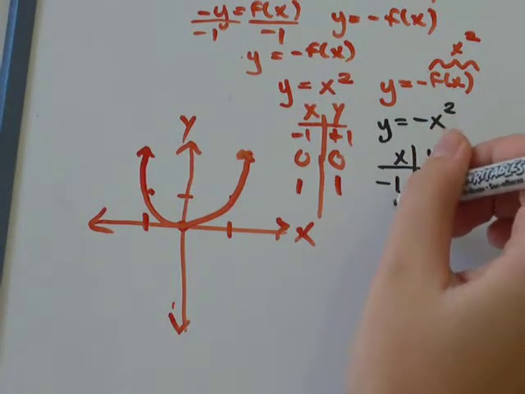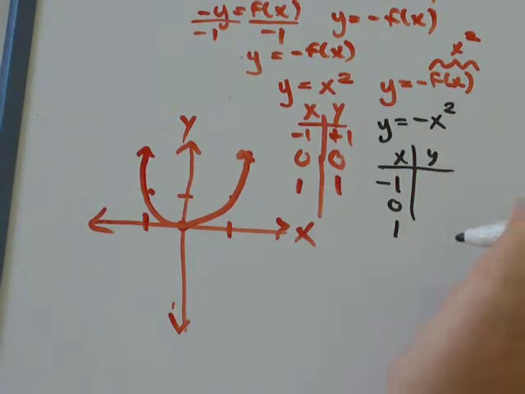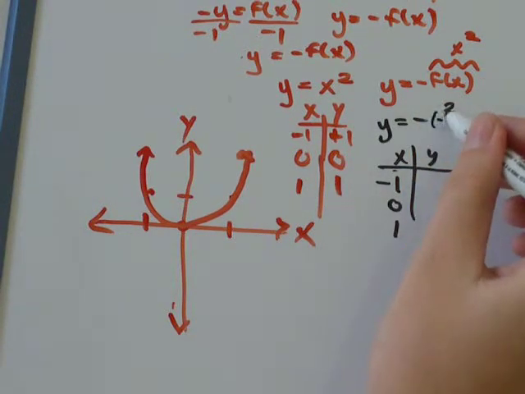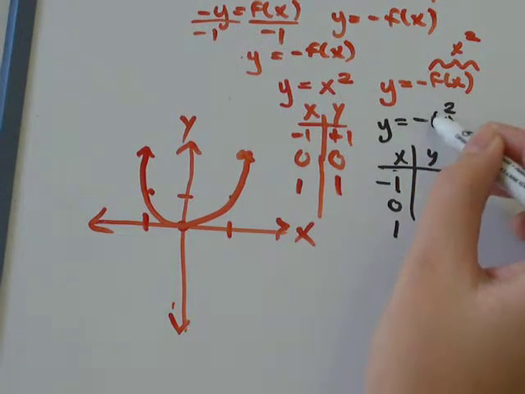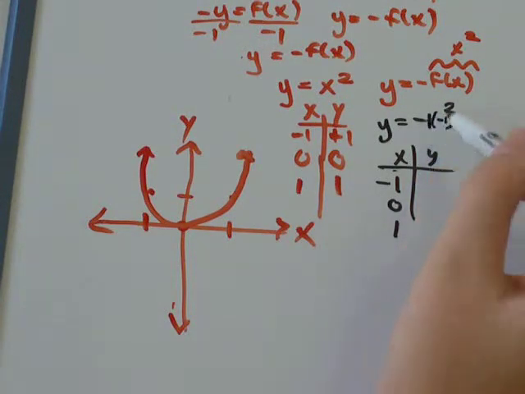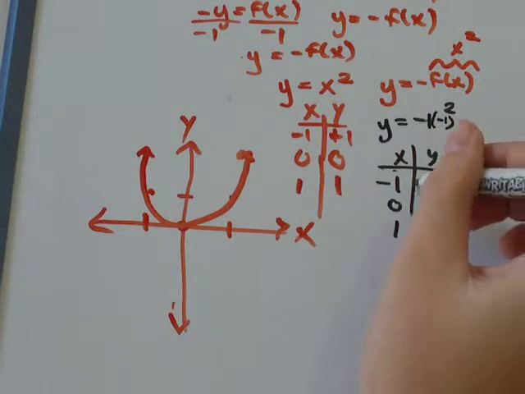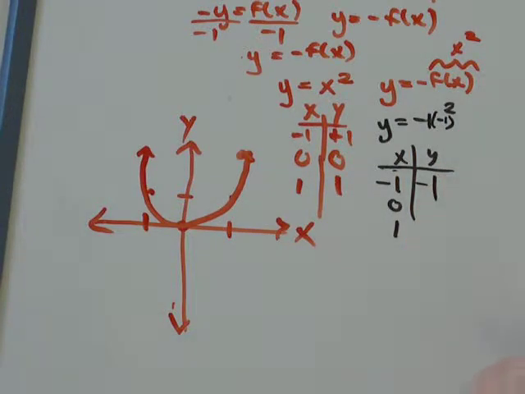We'll use the same points for x, and if I replaced x, here x is negative 1. Negative 1 times negative 1 would just be 1. So negative 1 squared is 1, but now I'm multiplying by my negative 1. Remember, there's a little imaginary 1 out here. So now I've got positive 1 times negative 1, and now that's negative 1.